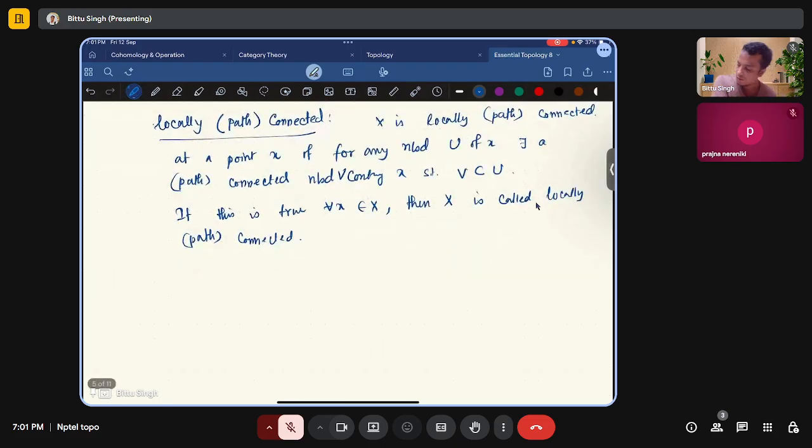We have already seen that path connected implies connected. In the same way, we can see that locally path connected implies locally connected. By the same kind of observation, locally connected.